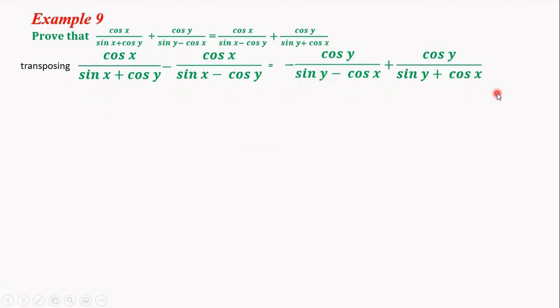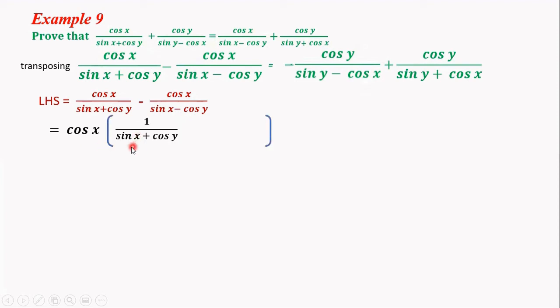Now we have formed new identity where left hand side is this part and right hand side is this one. So we are going to prove this identity. Let's start from left hand side. Here it is. In both the terms of left hand side, we have cos x common. So let's take cos x common.